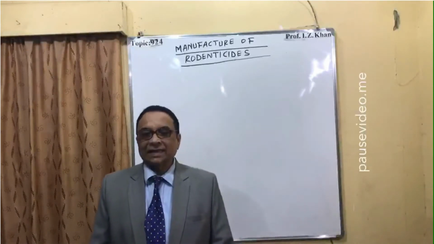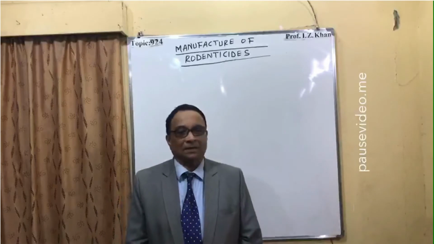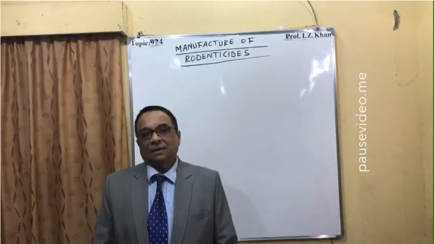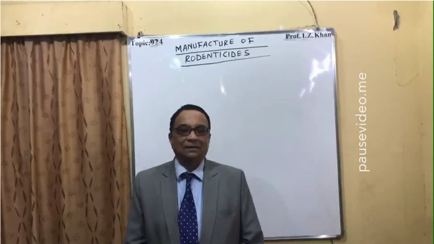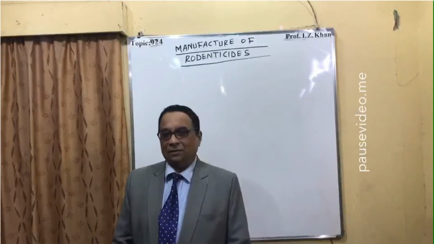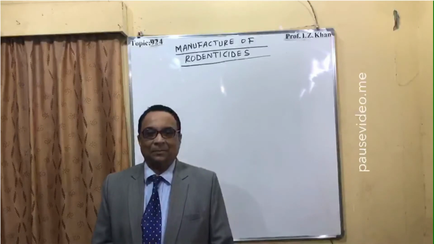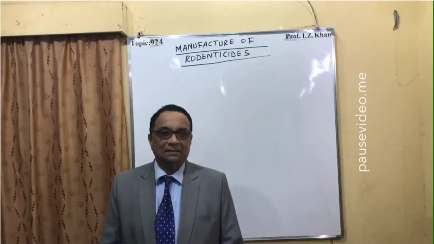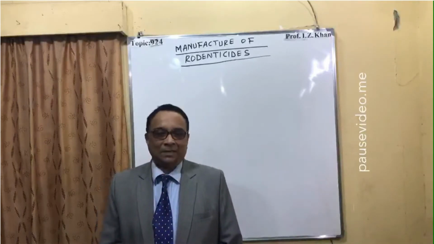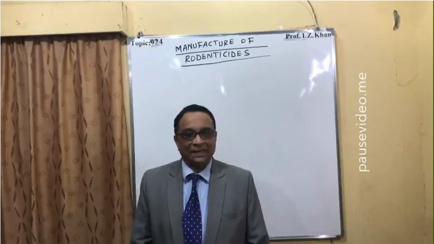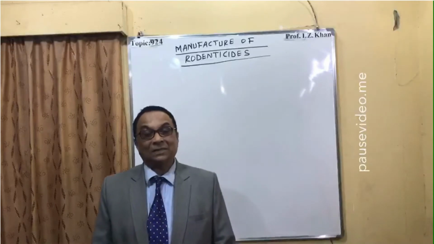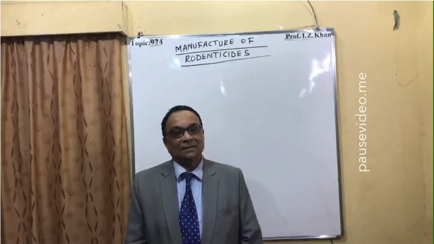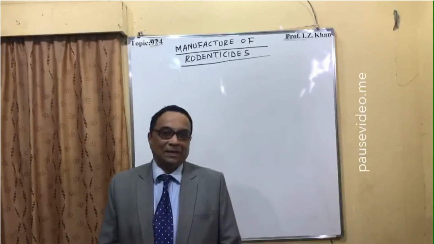Actually, rodenticides are such type of chemicals which are capable of killing the rodents, and rodents are lower vertebrate animals. They are pest animals like mice, rat, squirrel, and some other lower vertebrates, and they are very much damaging. They are very much harmful inside house as well as in agriculture field. They can damage anything.